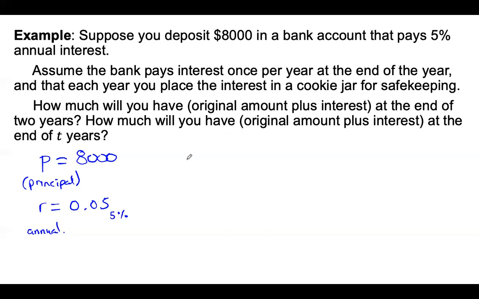So we can create a bit of a sequence. After 1 year, we're going to have $8,000 plus that $8,000 times the rate, 0.05. So this is 400.